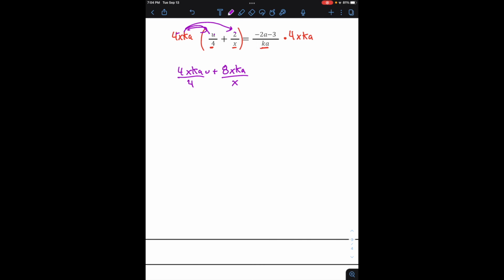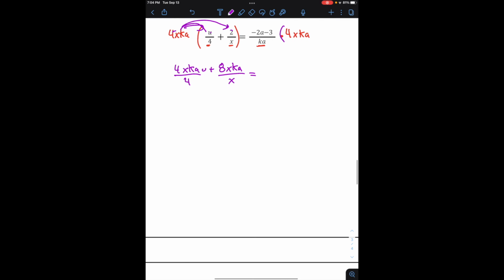I'm getting ahead of myself. On the right side of the equation, we make sure to distribute this to each part of our terms in the numerator. So we end up with negative 8xka times a, which is a squared, minus 12xka, all over ka.